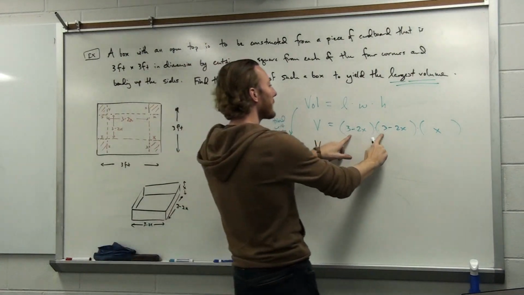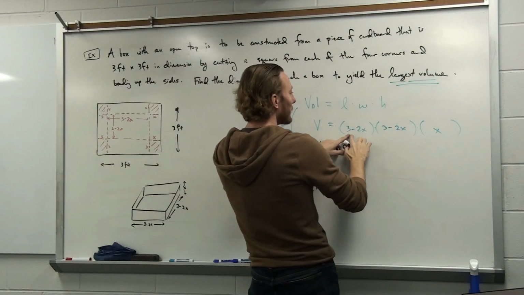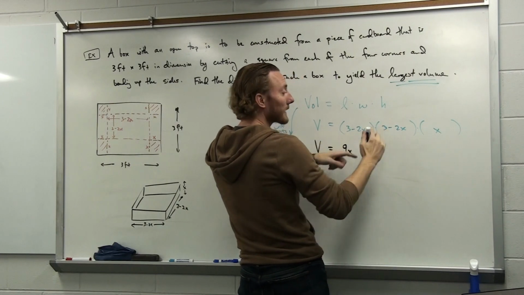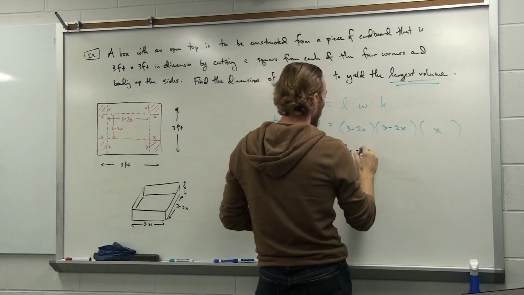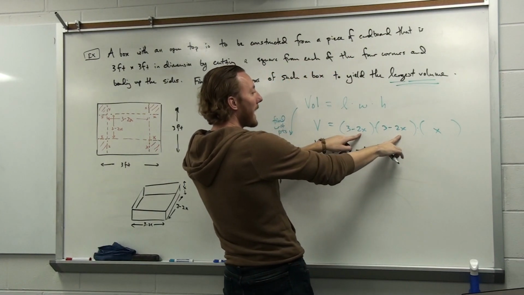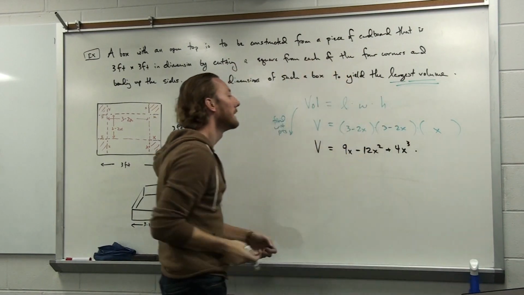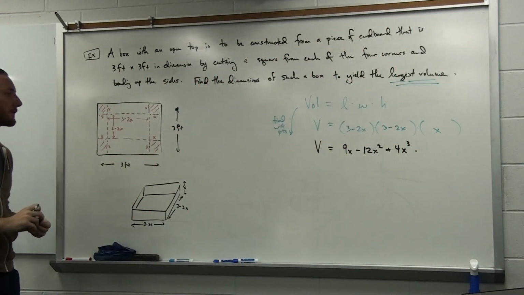Okay, let's see. FOILing, we have a 9 times our x, that would be 9x. Minus 6x, that's minus 12x, but that's multiplied by another x, minus 12x squared. And then we have plus 4x squared times x, that's plus 4x cubed. Here now is our volume function.